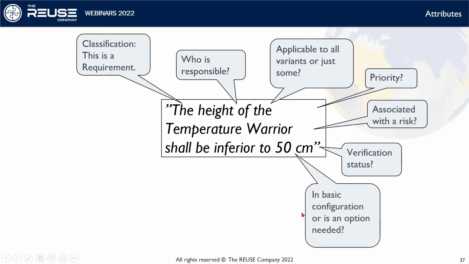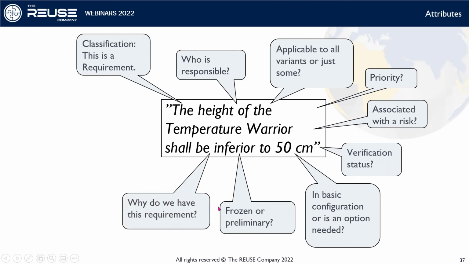There may be other things such as, if you have a commercial thing, is this what you get all the time, or do you need to exercise an option to get this? Frozen, preliminary, back to the status of this individual requirement statement. Why do we have it in the first place? Well, some sort of rationale or justification could be very useful to store.